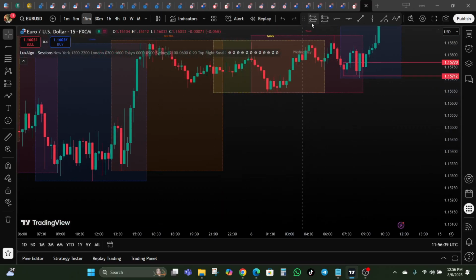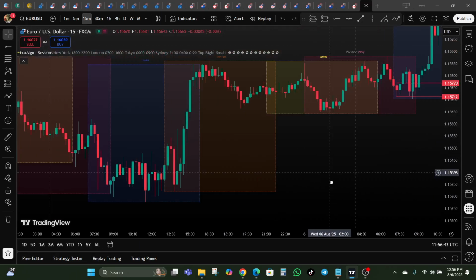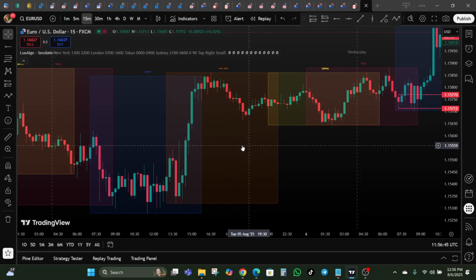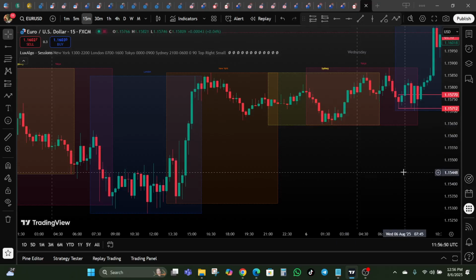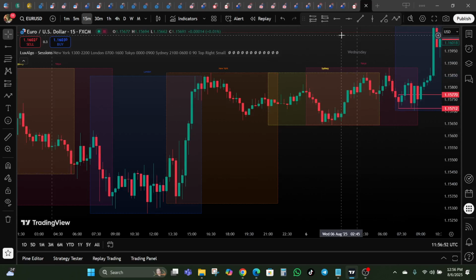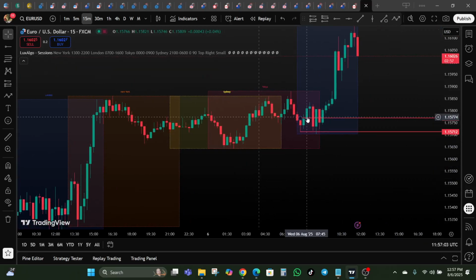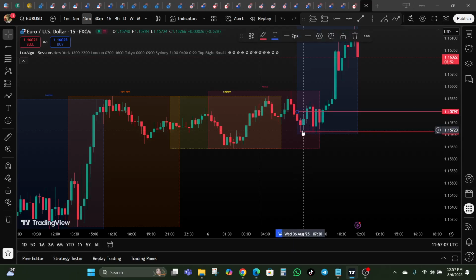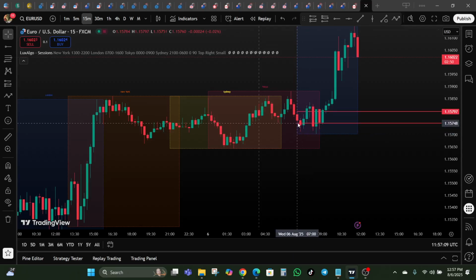Now, in this particular case, we can see that using this New York example, I just realized that the first candle was not what I used.